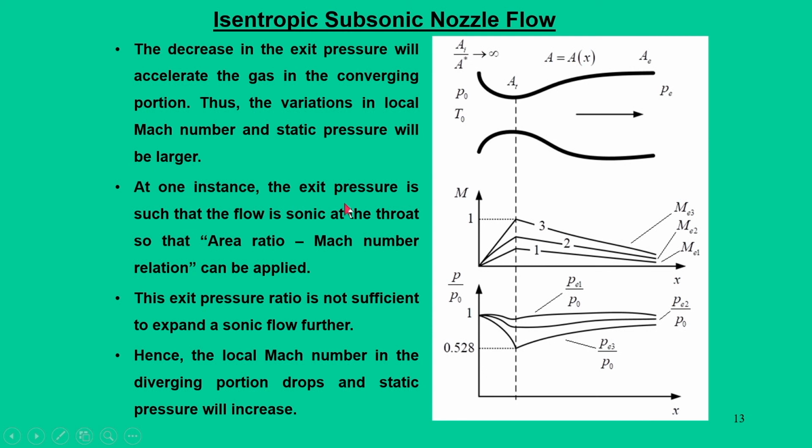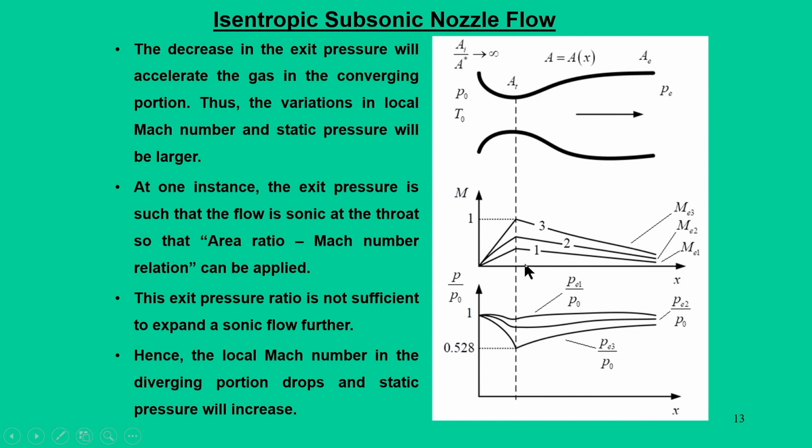That means, at one particular instant the exit pressure is such that the flow is sonic at the throat, and at that location the area Mach number relation can be applied. But this exit pressure is not sufficient to expand the sonic flow further, so again the Mach number drops.